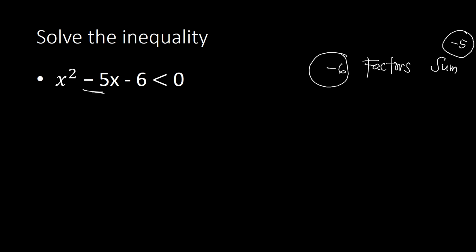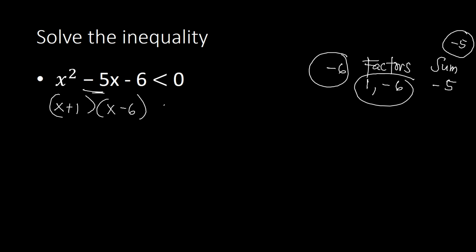So knowing that one, we have our first factor as positive 1 and negative 6. Adding that one, that will be equal to negative 5. So we follow this one. So we have here x plus 1 and x minus 6. That will be less than 0.